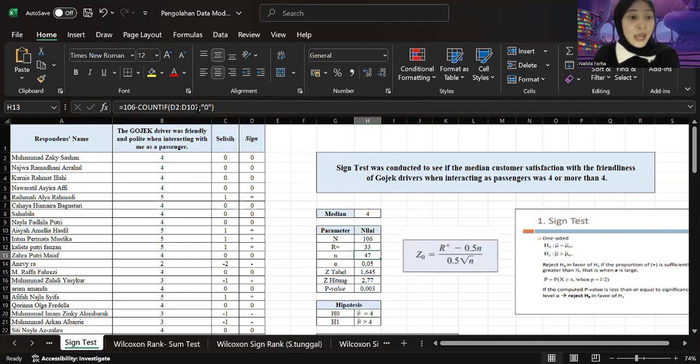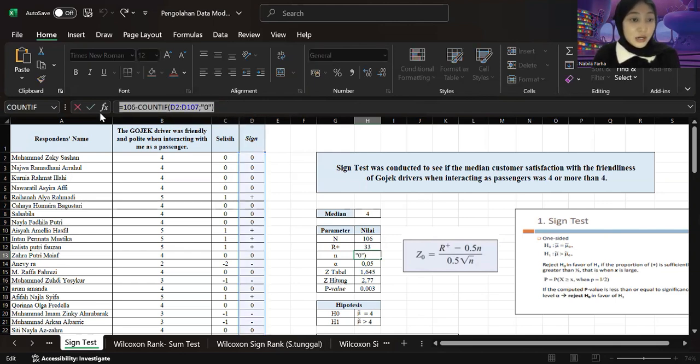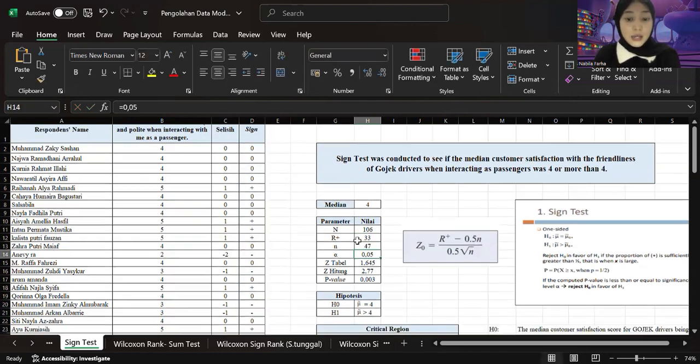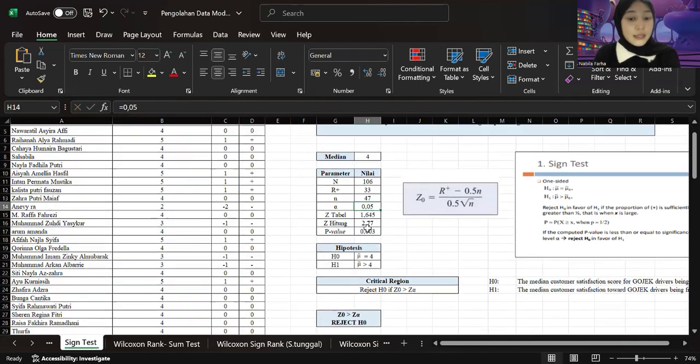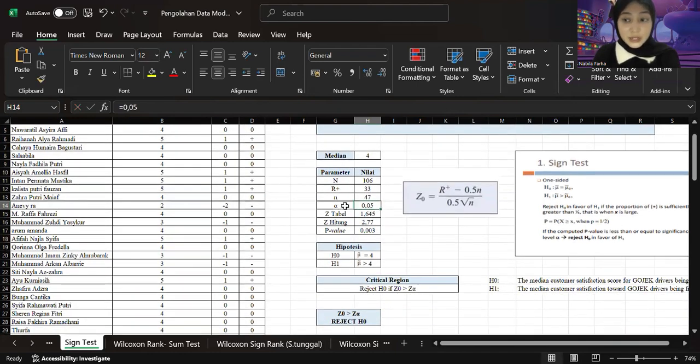We also need the n parameter, which is the total of the data minus the data that we ignored, or that have a 0 value of sign. And we got the total is 47. Then we use the significance level of 0.05 and confidence level of 95%.